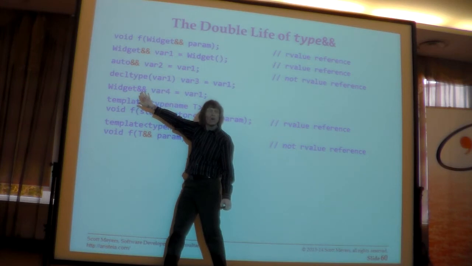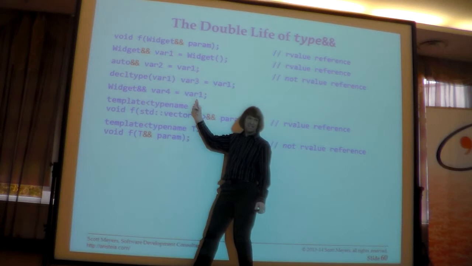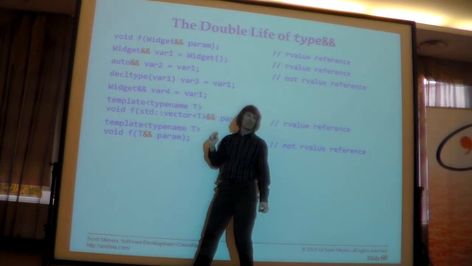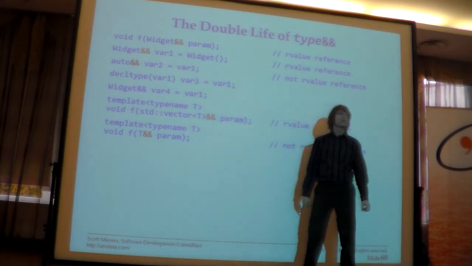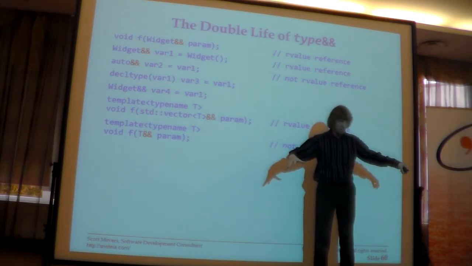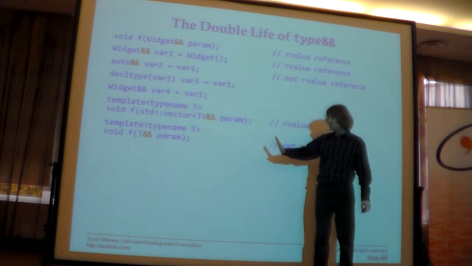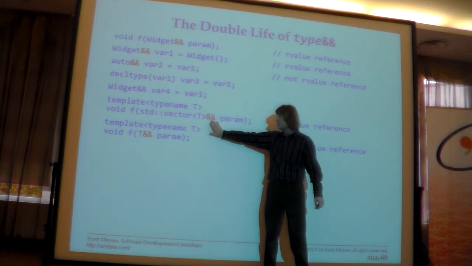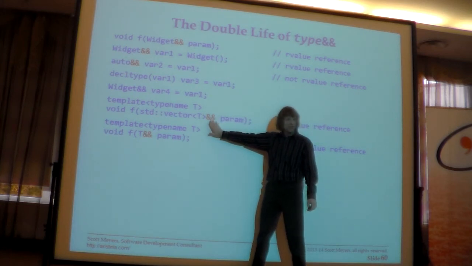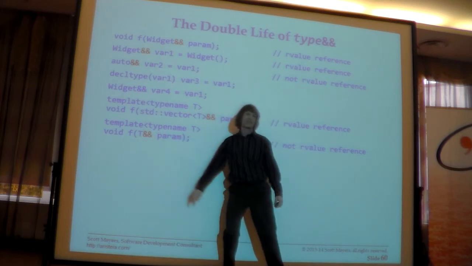R-value references can only bind to R-values. That's an L-value. It has a name. So this won't compile either. These two lines will not compile for the same reason. And again, for purposes of this discussion, they're not relevant, because the only thing we care about here is how do you tell the difference between this, which is an R-value reference, and this, which is not an R-value reference.